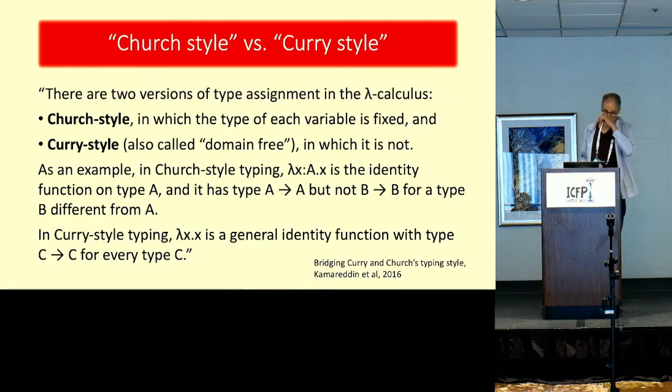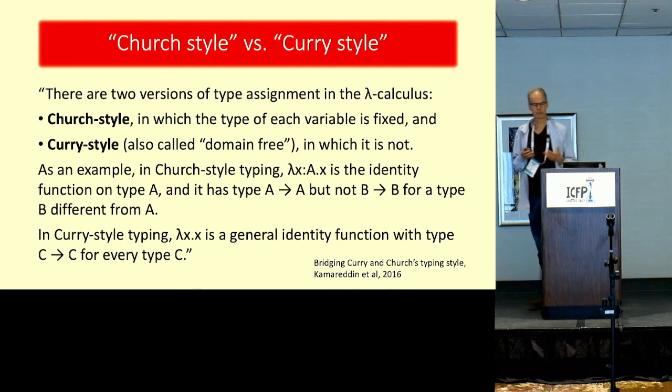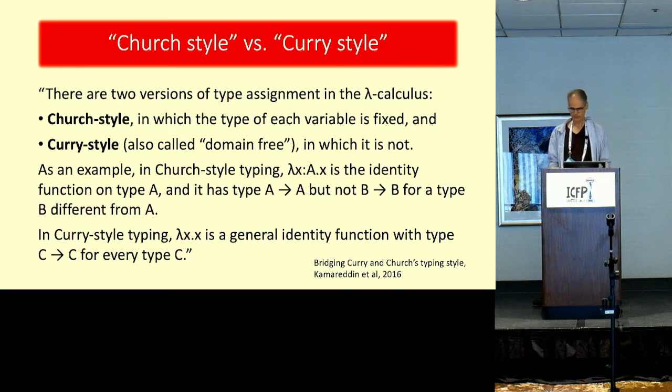Okay, so the reason for introducing both Church and Curry is that each of them is associated with a style of presenting typing relations. One way of explaining the difference is like this. This is from a paper by Fairouz Kamareddine and some of her colleagues. They said it in a nice way, so I just lifted it. They say, there are two versions of type assignment in the lambda calculus. There's Church style, in which the type of the variable attached to a lambda is fixed.